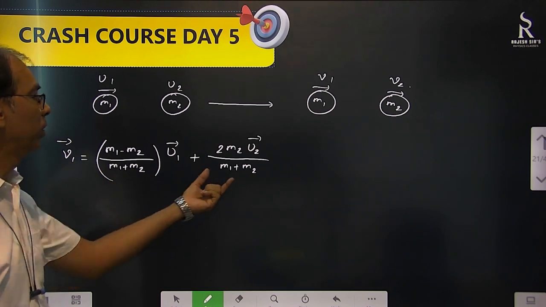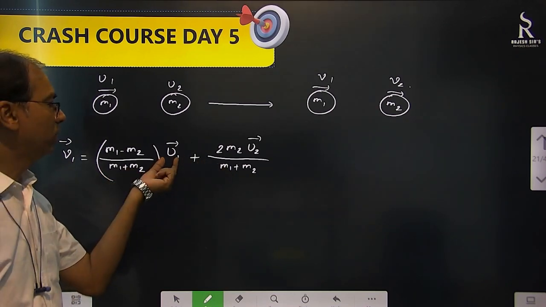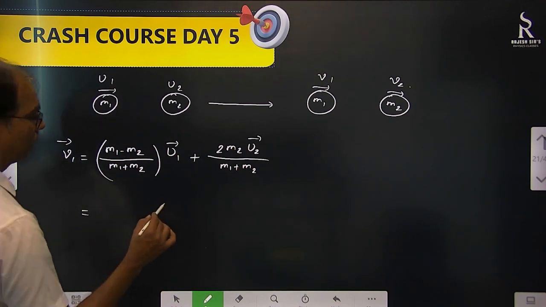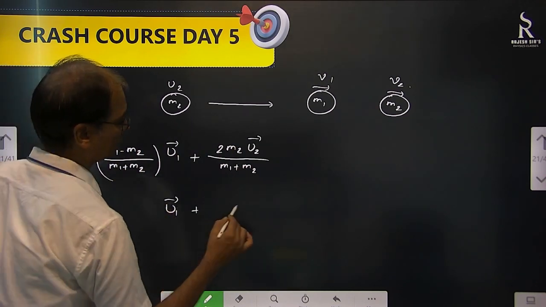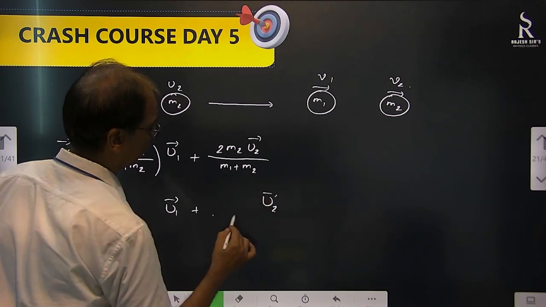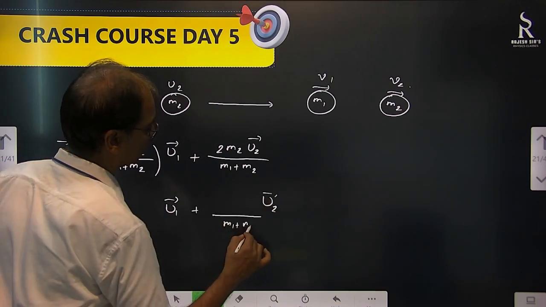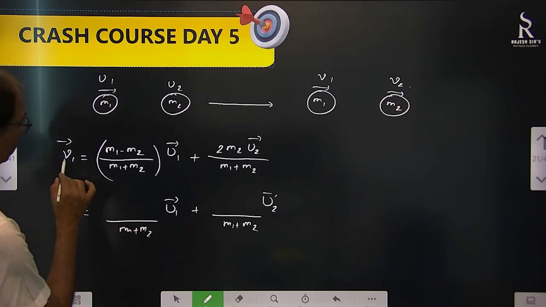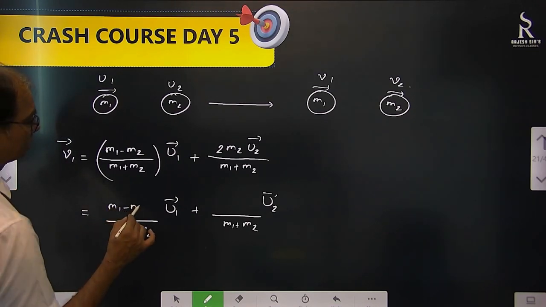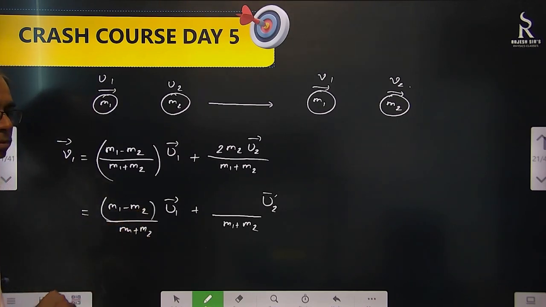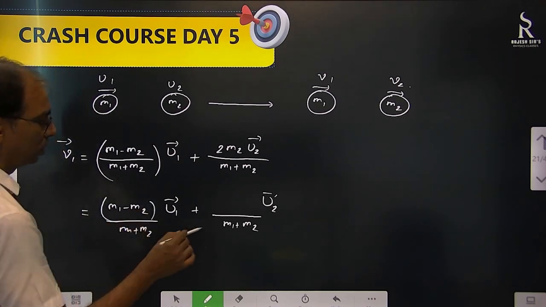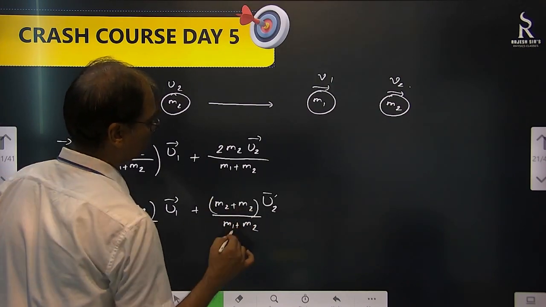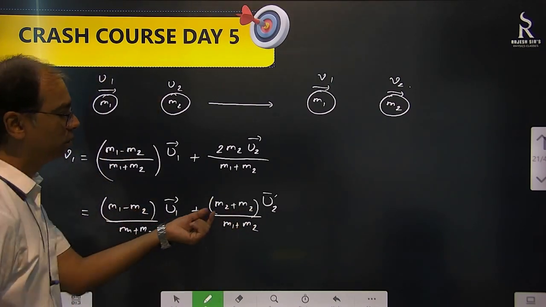In the denominator M1 plus M2 here also, here also. How can you remember that? Right here U1, right here U2, right denominator M1 plus M2, here also M1 plus M2. Now since you are doing for V1, right here M1 minus M2. Here it's for U2, so write it as 2M2 plus M2.